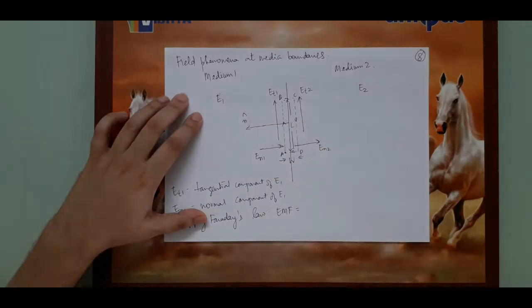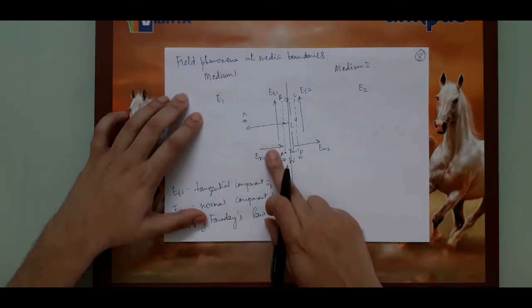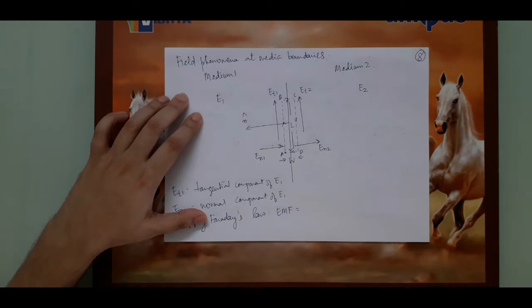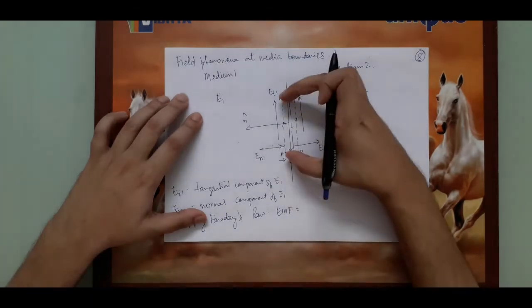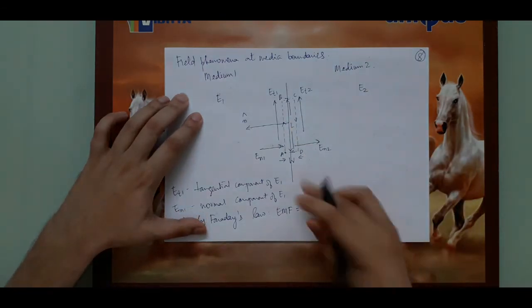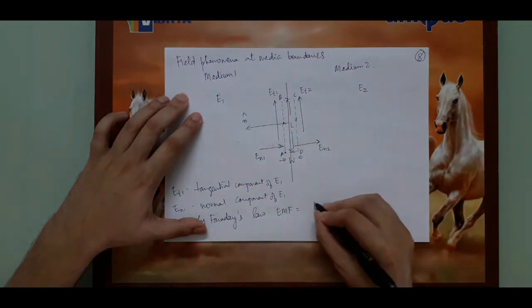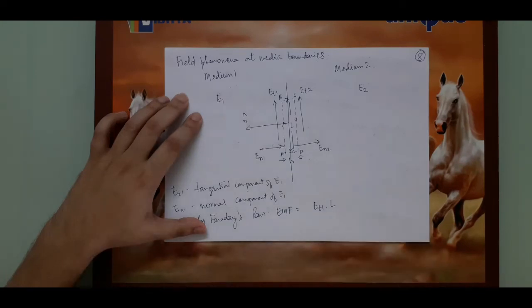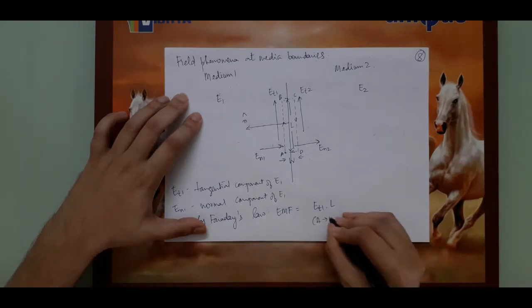It is ET1. EN1 will not play any role because it is perpendicular and orthogonal. And what is the length ET1 is seeing? It is seeing L. So over AB, it will be ET1 times L from A to B.